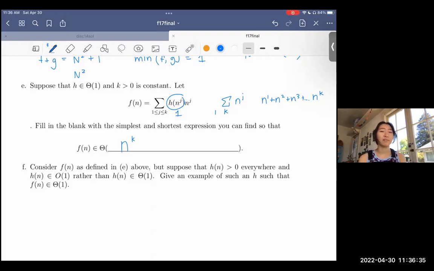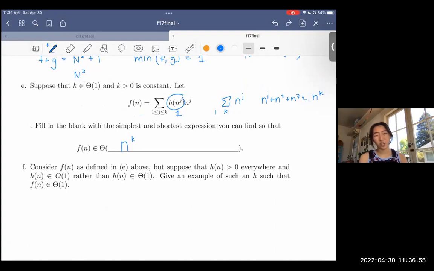So give an example of such an h such that the entire function is constant. In other words, we just want this whole thing to be constant, right?